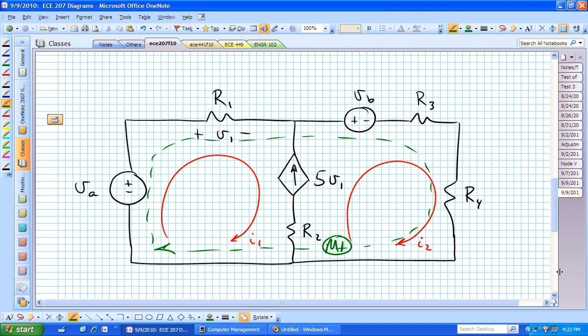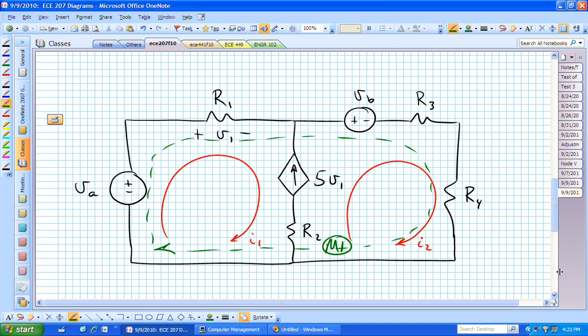Meaning if we're on mesh 1, I1 is always positive. And everything else, if we share it, is fine if you're consistent with drawing your meshes in the same direction. If I drew I1 clockwise and I2 counterclockwise, that plus and minus stuff starts getting a little messy. But you could write it that way, it just is more difficult.